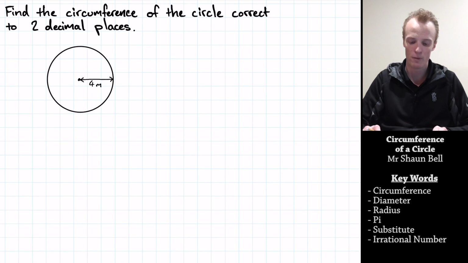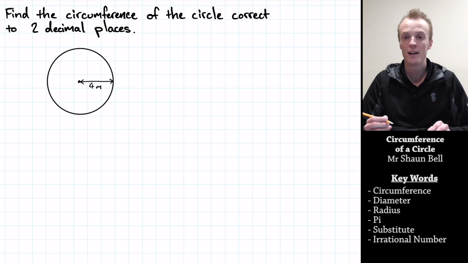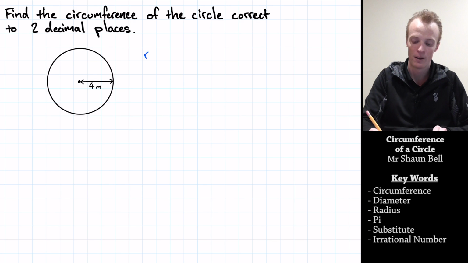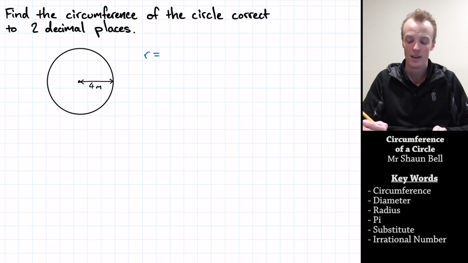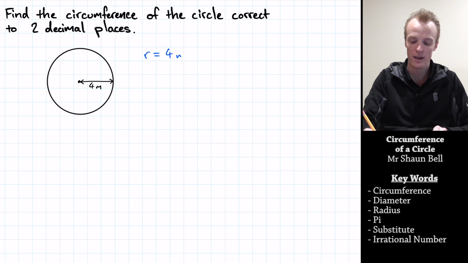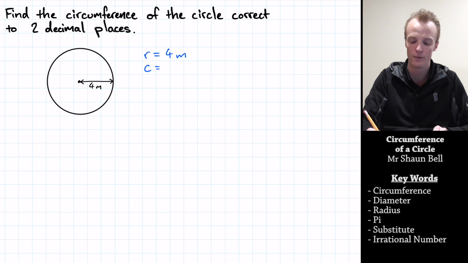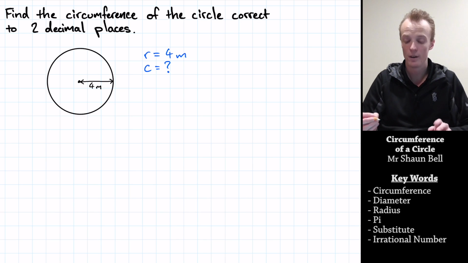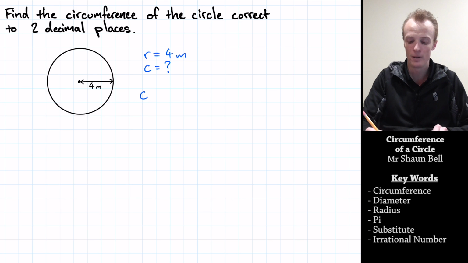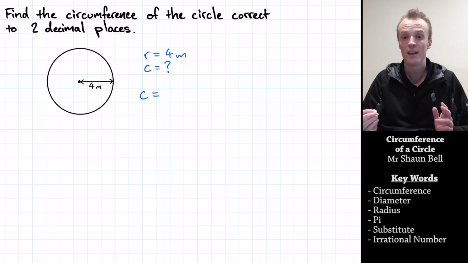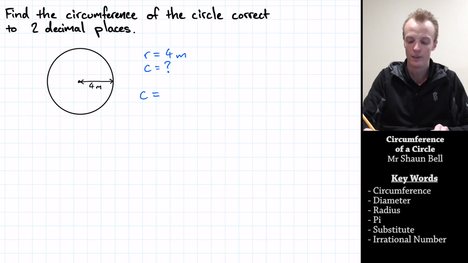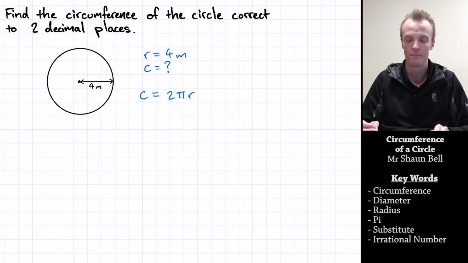But what if I've got a problem here where I've been given the radius? Well, I start the same way. I record what information I've been given. Now the radius in this problem is equal to 4 metres. And the question asks me to find the circumference. So what I do is I write the formula for the circumference that includes the radius. So the circumference is equal to 2 pi r.